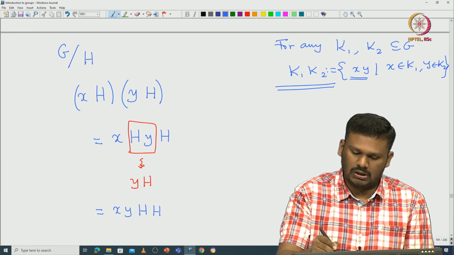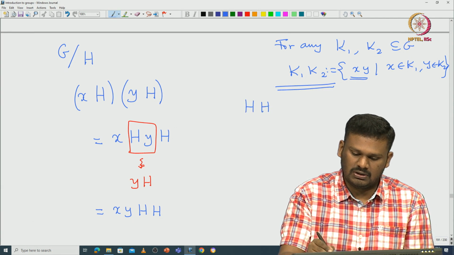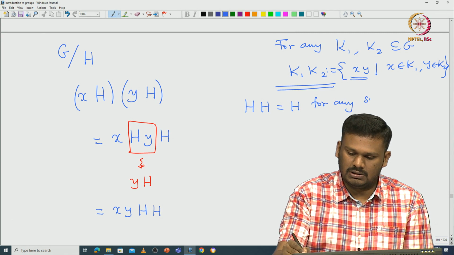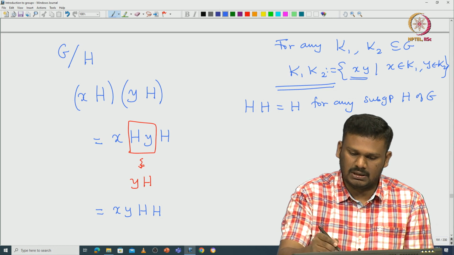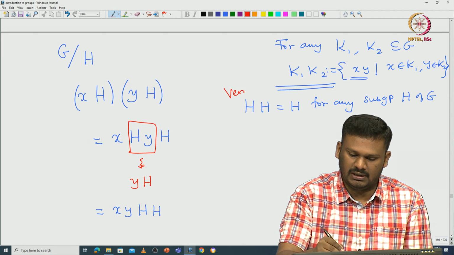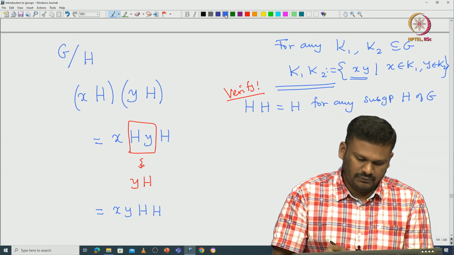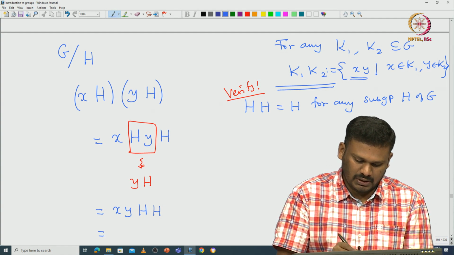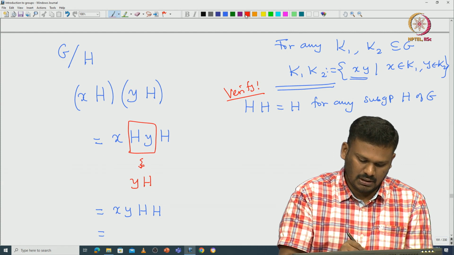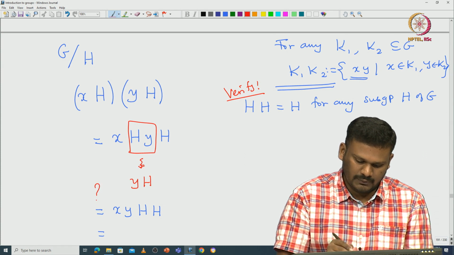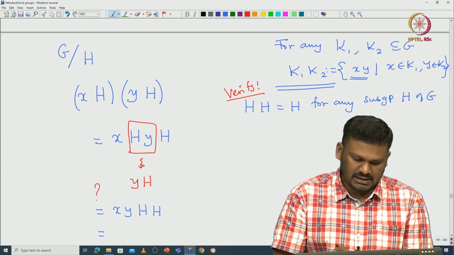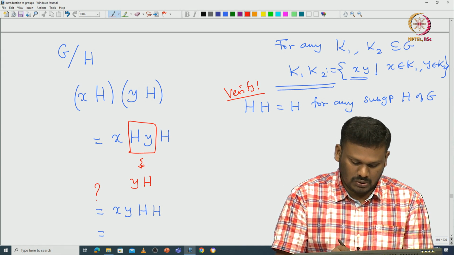But it is not hard to see HH will be H for any subgroup H of G. This I will leave as an exercise, verify. So, then we get xHyH is equal to xyH.